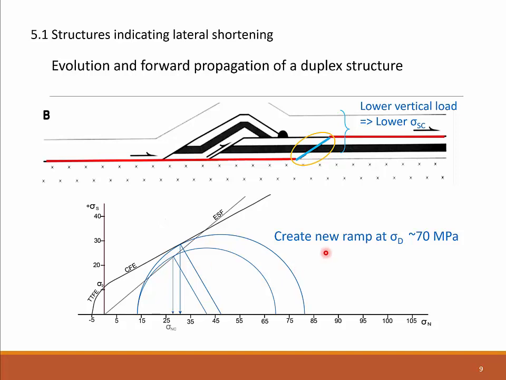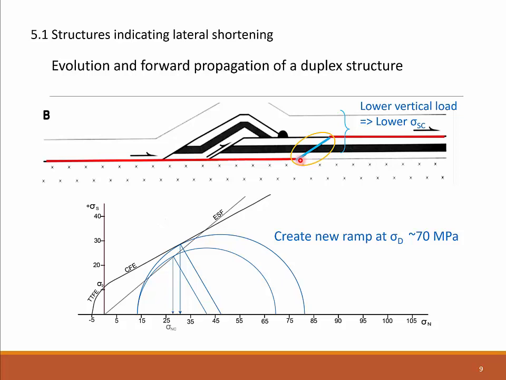We also see that the creation of this ramp requires a smaller differential stress than the 76 megapascals that were necessary to keep the earlier ramp tectonically active. This small difference can be the reason why it is easier to create a new ramp and accordingly a new horse rather than keep an earlier ramp active.